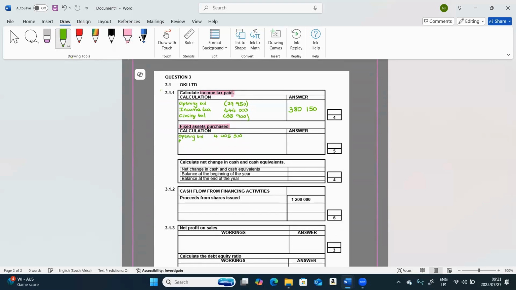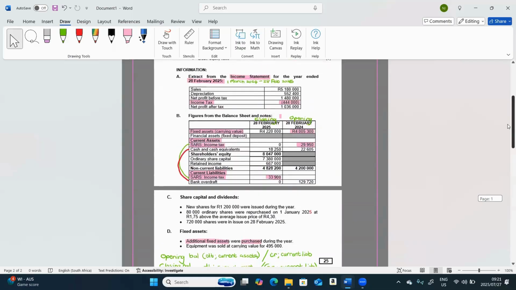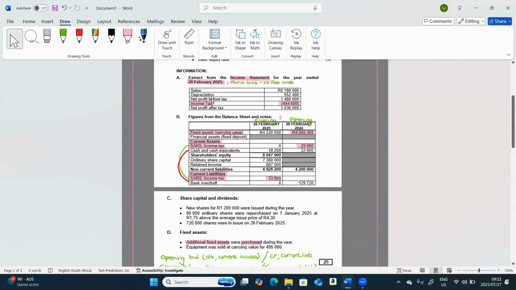Okay, we don't know this amount, so we are going to leave this open. This is going to be a balancing amount, but we know that fixed assets were purchased. Then we have to go back to our information, and we also have to go and subtract our depreciation for the whole year.